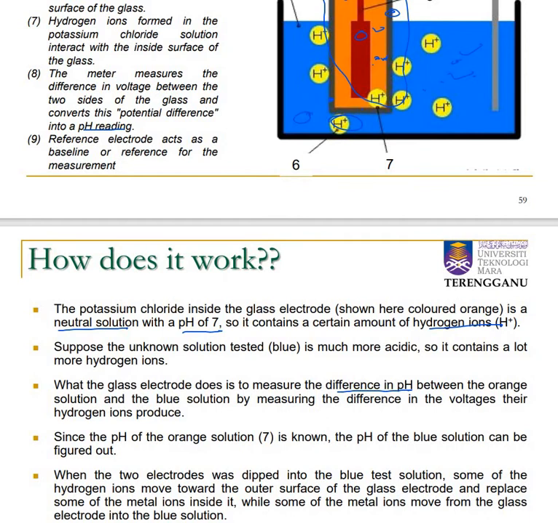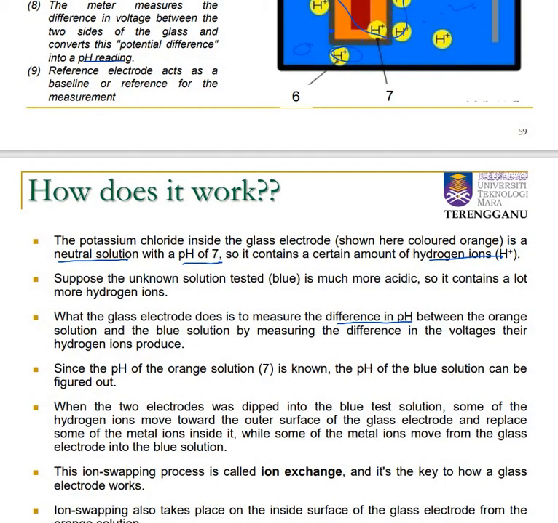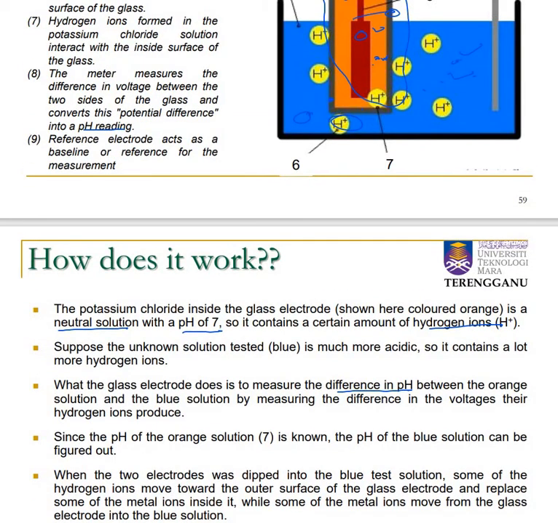Okay, when these two electrodes, this one and this one, are dipped into the blue test solution, some of the hydrogen ions inside the blue solution will move toward the surface of this glass rod, while some metal ions move from the glass rod into the blue solution. So we have a two-way ion exchange, one attached to here and one going to the blue solution. This ion exchange also occurs inside the orange solution.